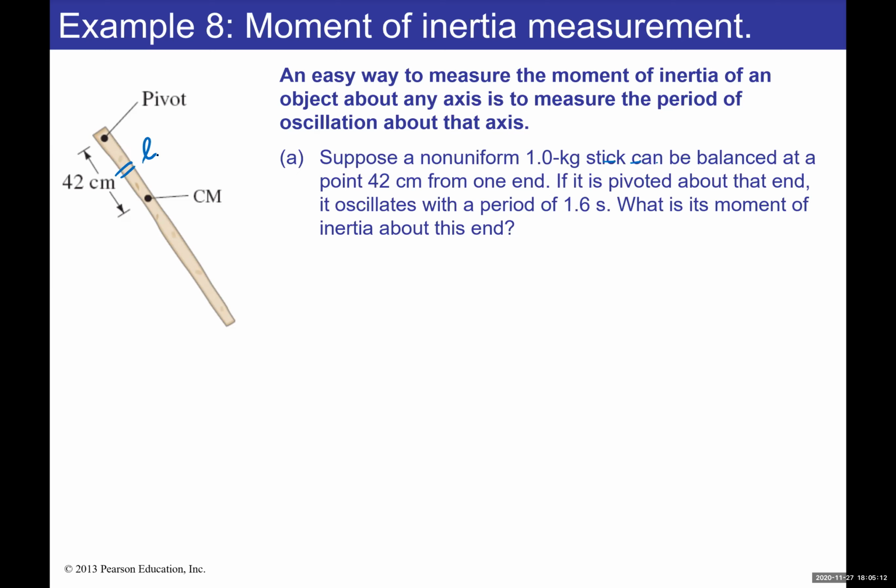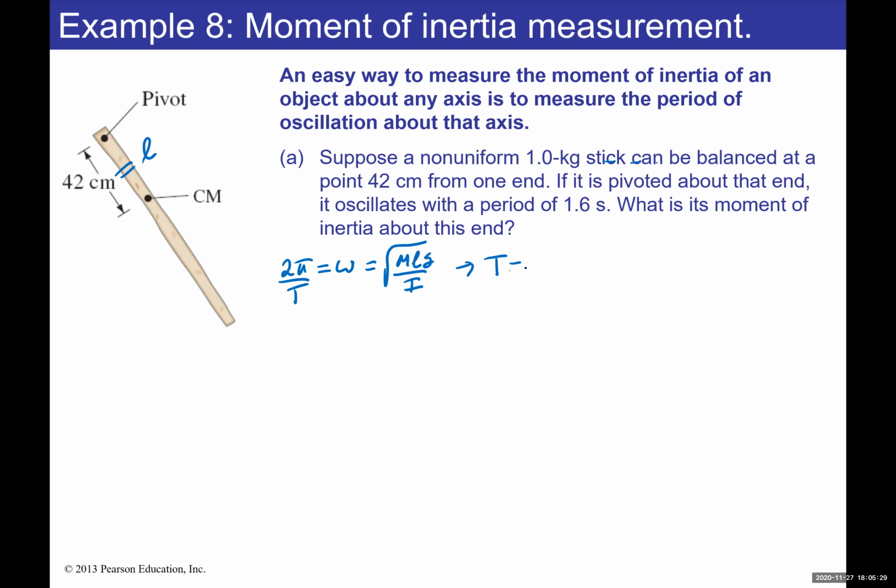So we can use the equation that we just learned, where omega equals the square root of mgl over the moment of inertia. But we're given the period, and we know that angular frequency is 2 pi over the period.